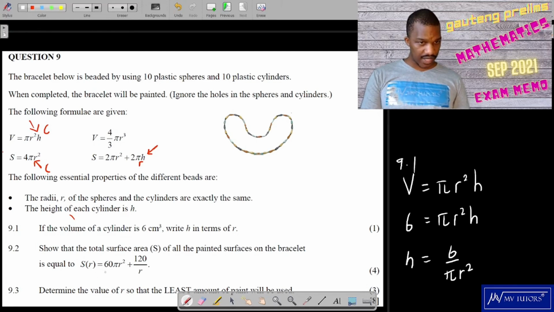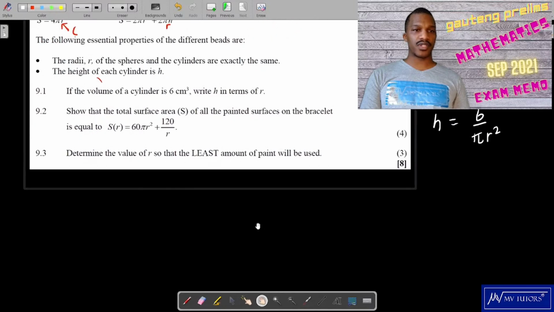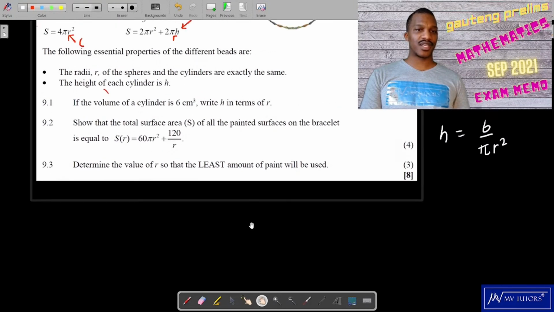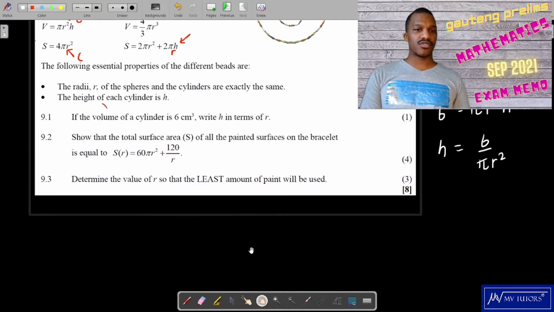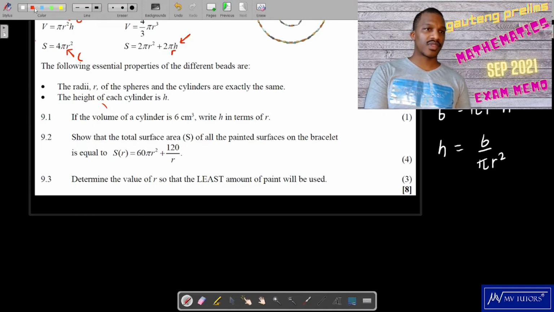9.2, show that the total surface area of all the painted surfaces of the bracelet is equal to that. Now, I always never worry about what they actually say. I'm just going to solve it as normal, and if it happens to be equal, then I'll know that I'm on the right track. So 9.2, the total surface area.